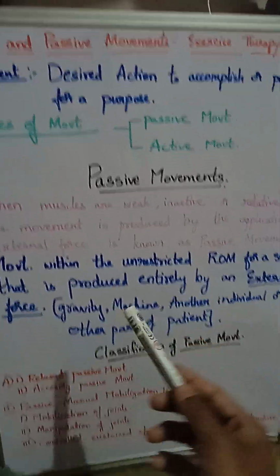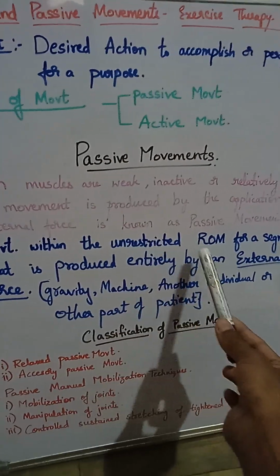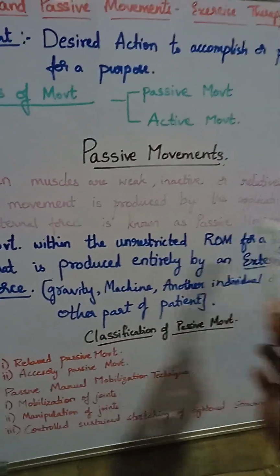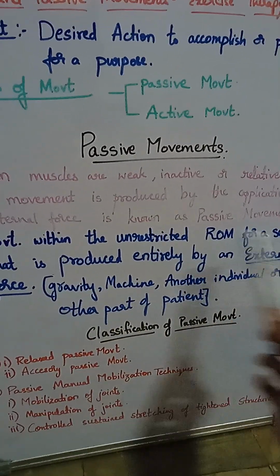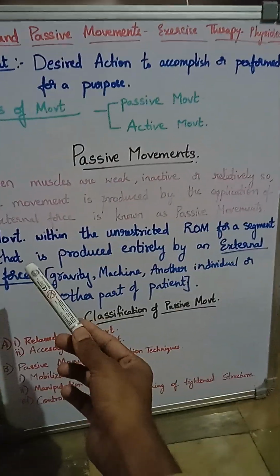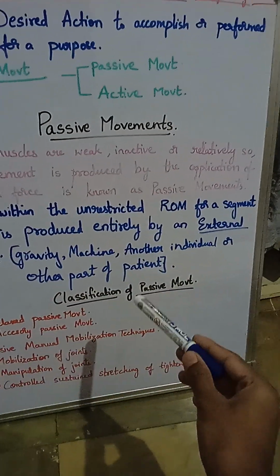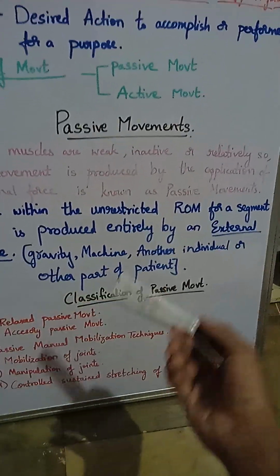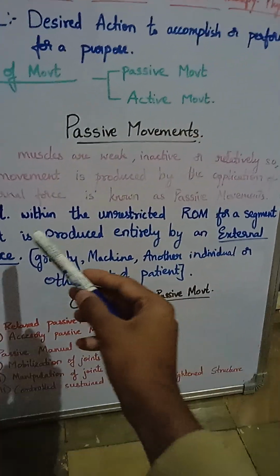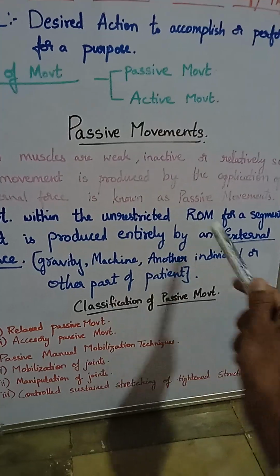Another definition for this is movements within the unrestricted range of motion for a segment that are performed entirely by the external force. There is no restriction of the motion for a segment, so it might be the elbow, shoulder, etc. This is produced entirely by the external force.